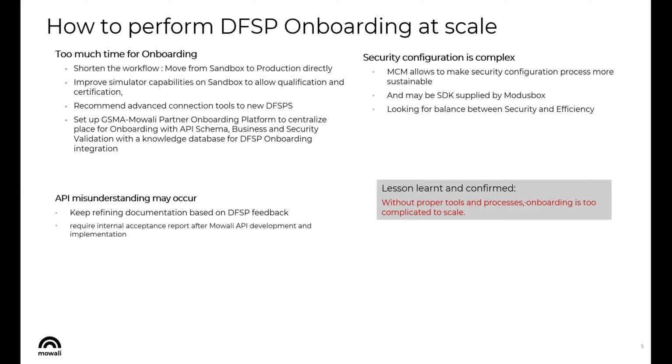The first is we spend too much time on onboarding. The direction to improve it is how to make this workflow shorter, for example, to move from sandbox to production directly, to avoid using staging. Staging is an intermediate environment between sandbox and production. The second is a key point.